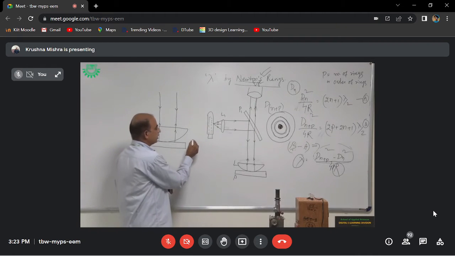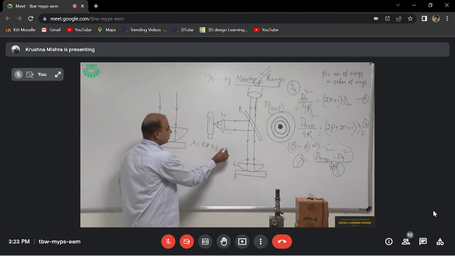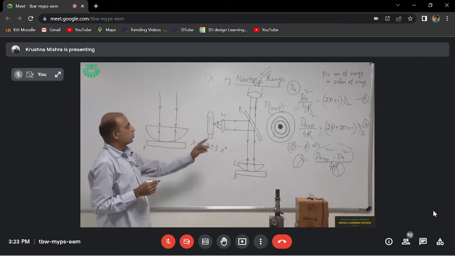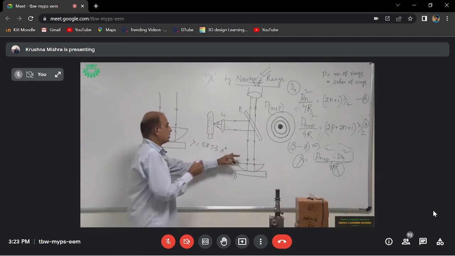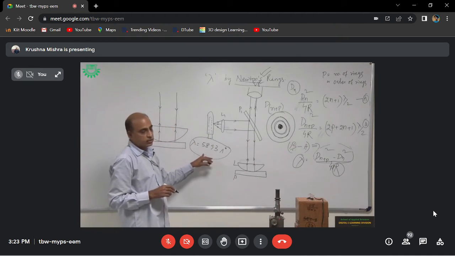As an average, it gives 5893 angstrom. This is the wavelength of this monochromatic light, which is taken as standard, and this value is to be determined in our experiment.